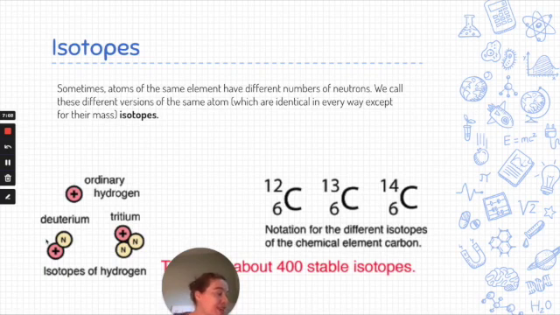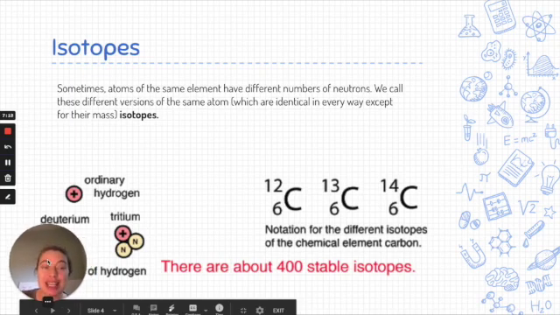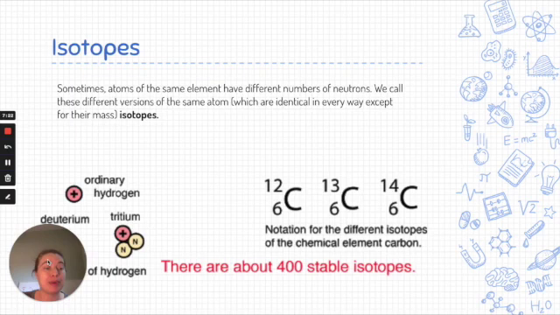So my point here is that you can have a different number of neutrons. This matters a lot because we have different isotopes. And so an individual atom might be of any particular isotope. And that means that an individual atom could have a different mass from another atom of the same element.